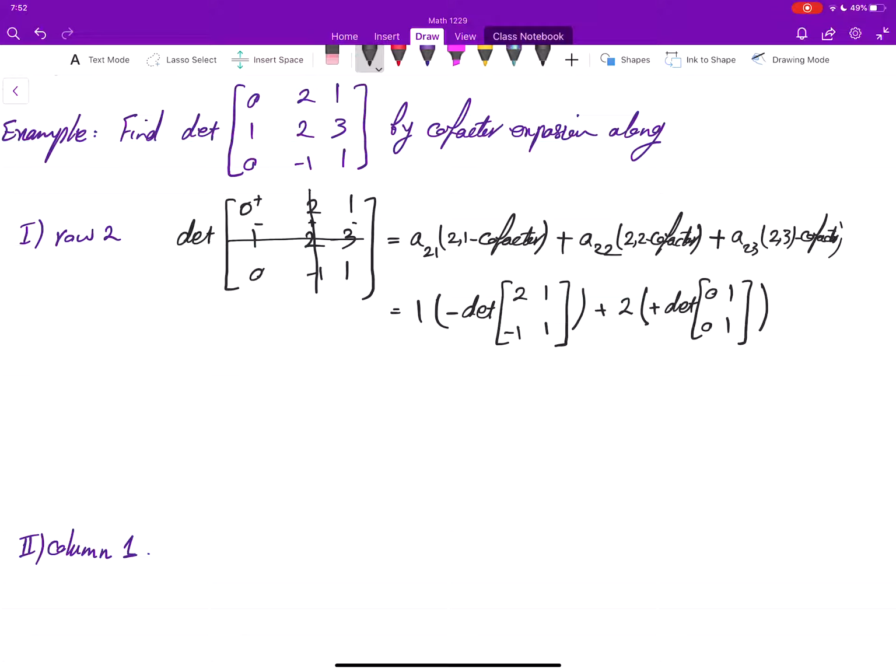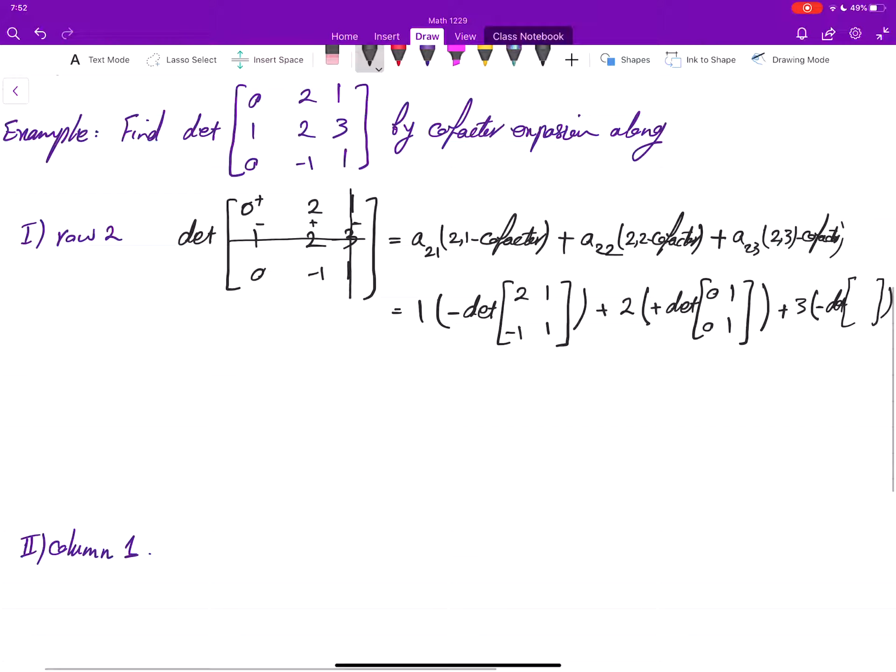And then the third entry is 3, multiply. The sign is negative, times the determinant of this guy here, 0, 2, 0, negative 1.